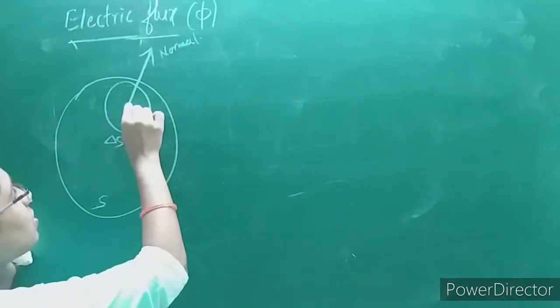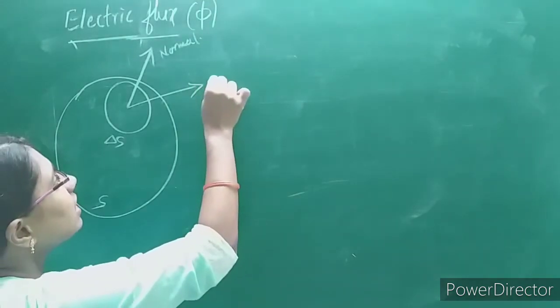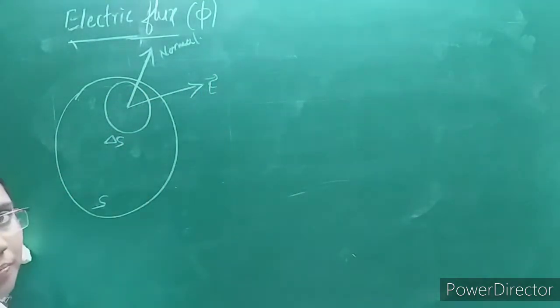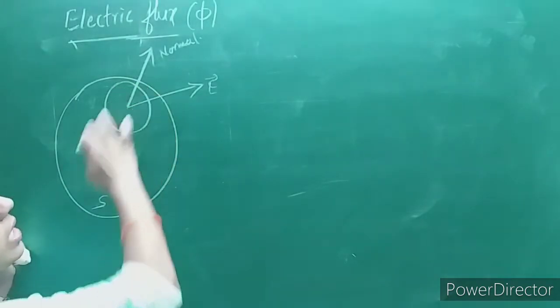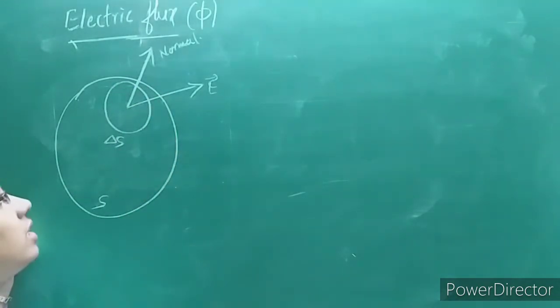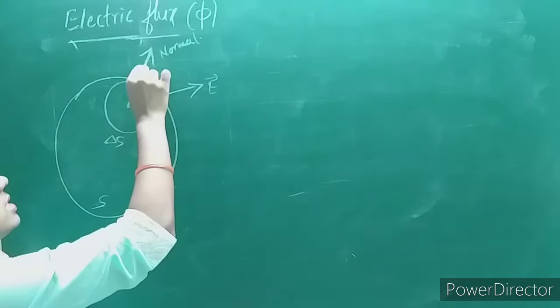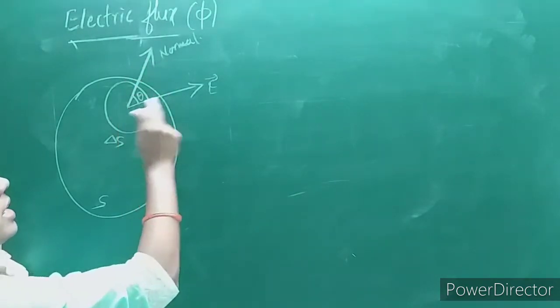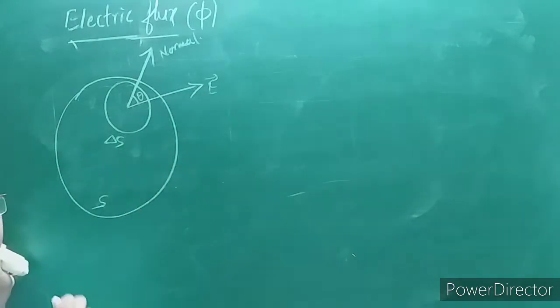Suppose the direction of the electric field at this surface area is along this direction. Now, how do we find the electric flux due to this small area element? Let us consider this normal makes an angle theta with the direction of the electric field.